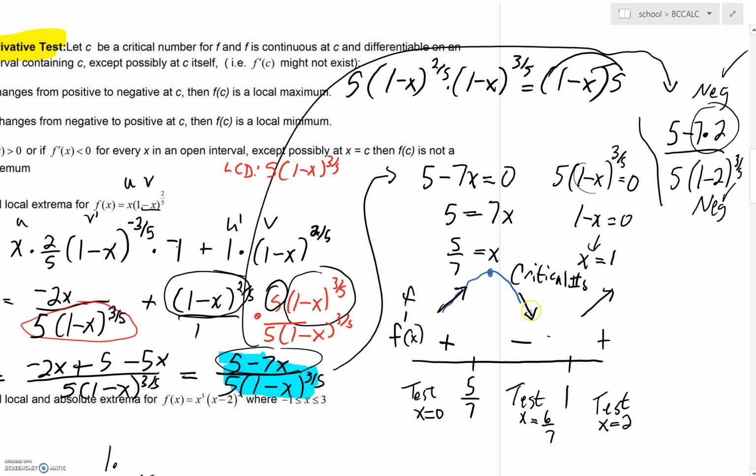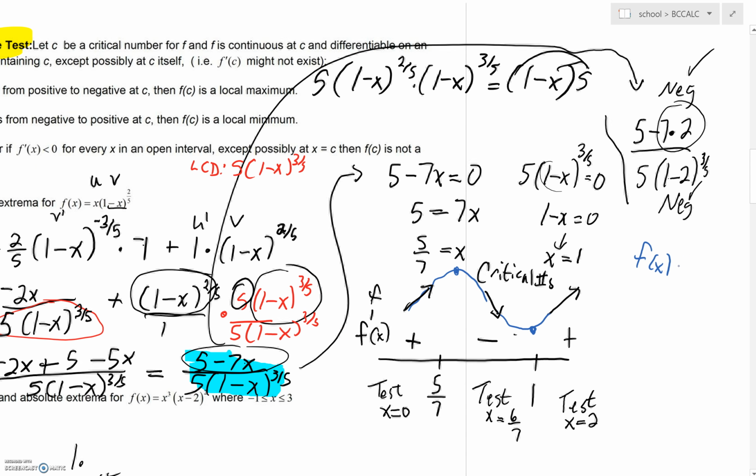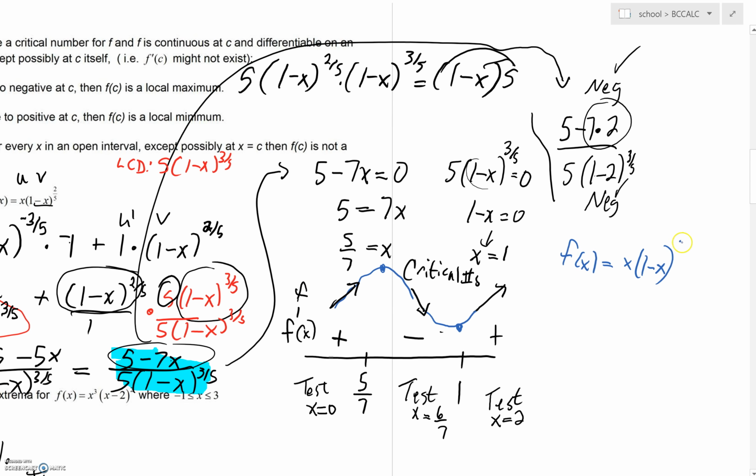Likewise, your curve was going down, but then it's coming up. What do you know? That's the bottom of the valley. That's your minimum. So here's what we can do real quickly. Remember, we had f of x was equal to x times 1 minus x to the 2/5 power.